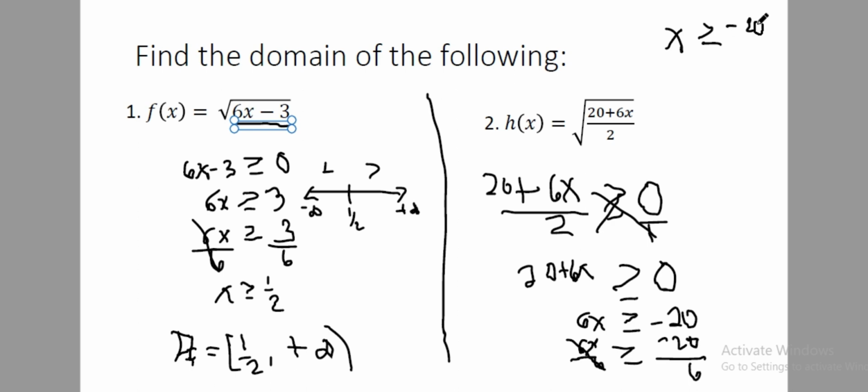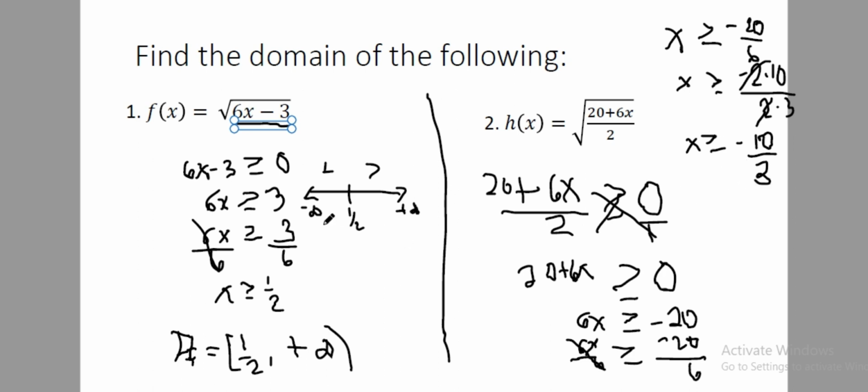What is the lowest term of negative 20 over 6? Take note of the factors: we can rewrite negative 20 as negative 2 times 10, and 6 as 2 times 3. So we can cancel out 2. Therefore x must be greater than or equal to negative 10 over 3.